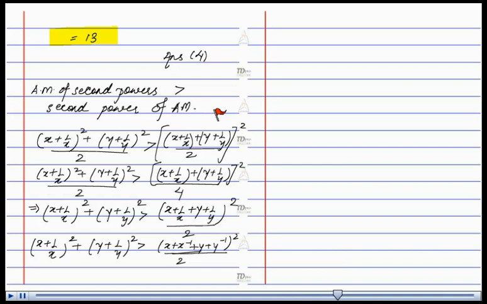Now, we know that x plus y is equal to 1. Substituting the value, we get (x plus 1 by x) whole square plus (y plus 1 by y) whole square is greater than (1 plus x inverse plus y inverse) whole square by 2.